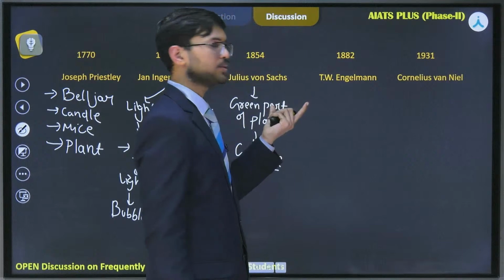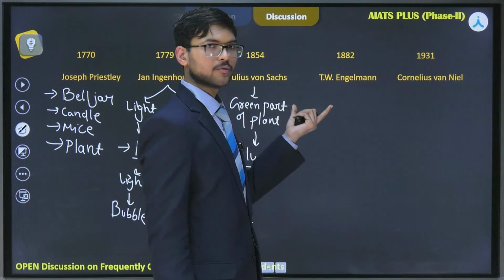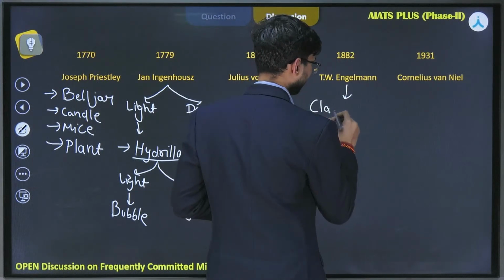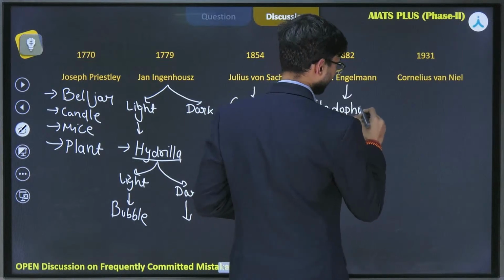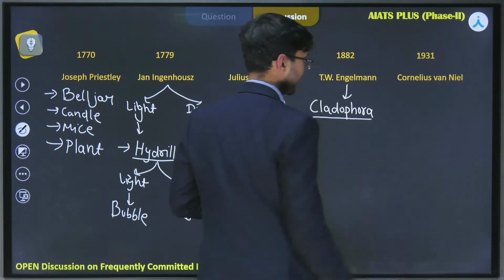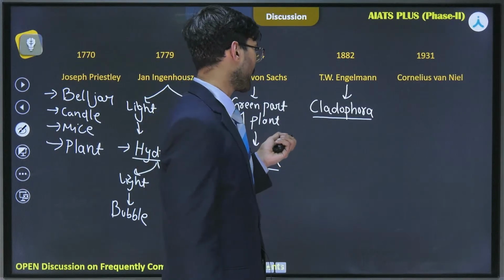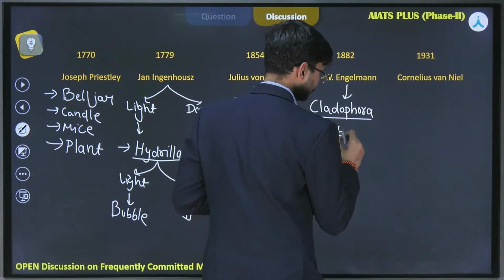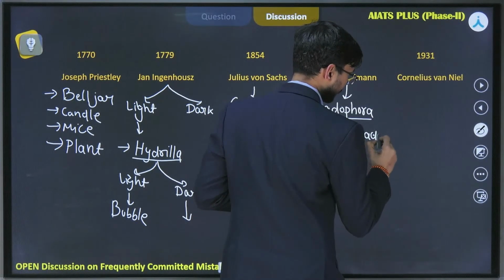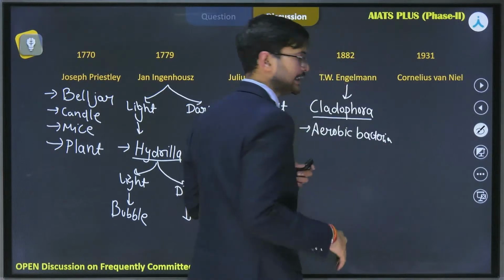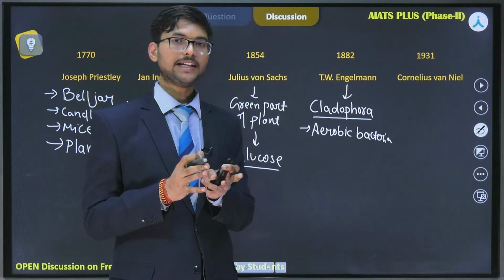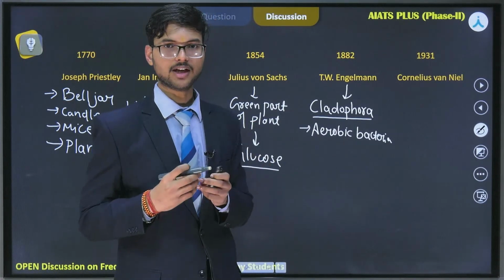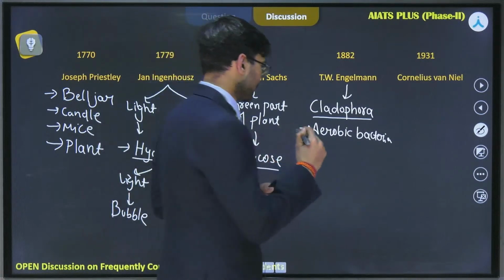He made a breakthrough where he used cladophora, a filamentous green algae, and aerobic bacteria, along with light that was split by the help of a prism.